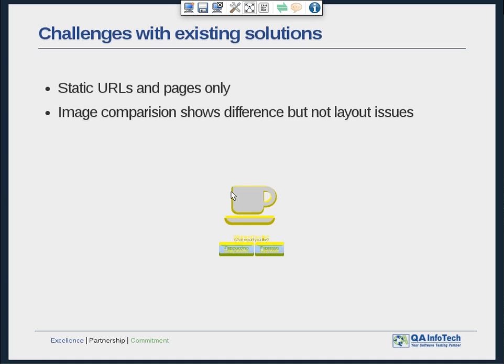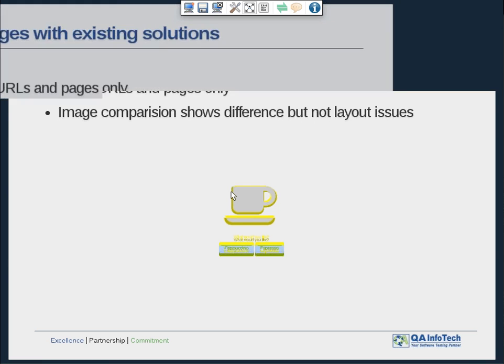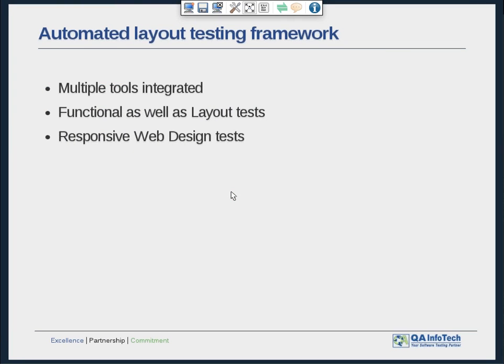Sometimes one of the elements may be a little off compared to its earlier position in the screen, but it may not always be a bug, a layout problem. So we need more than just image comparison to be able to properly identify a layout issue in the application.